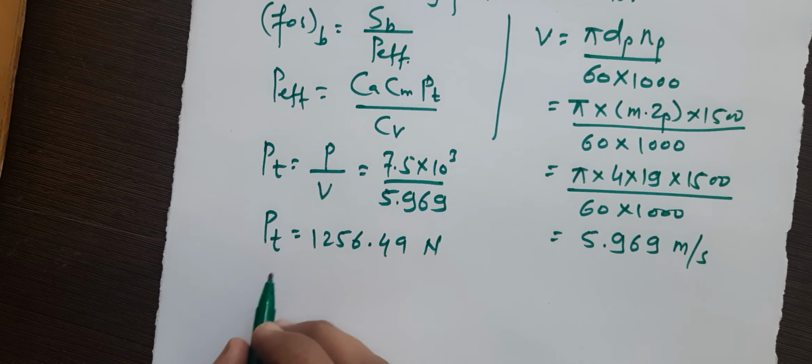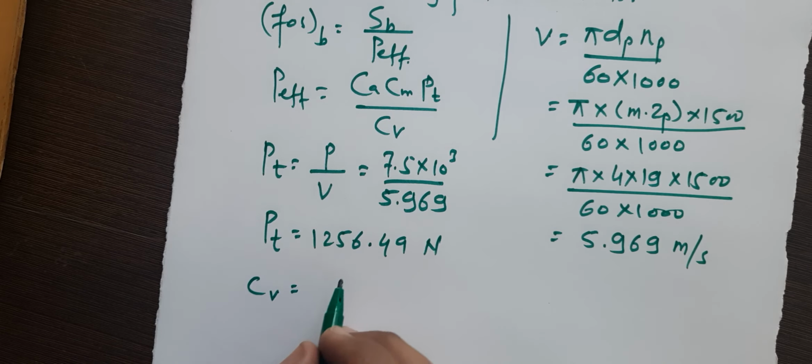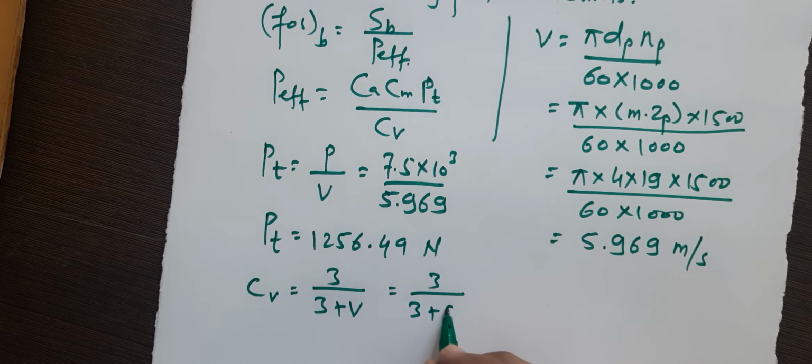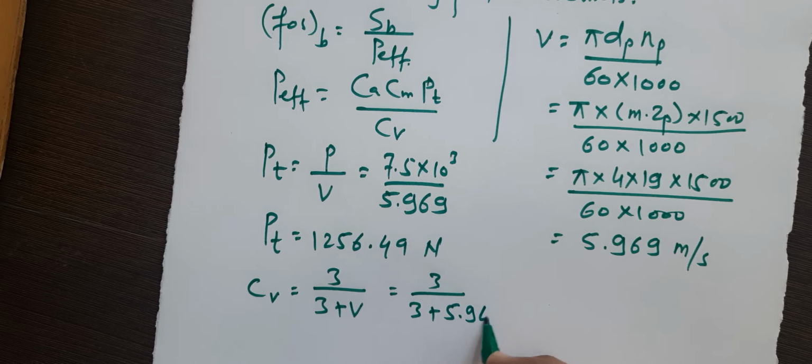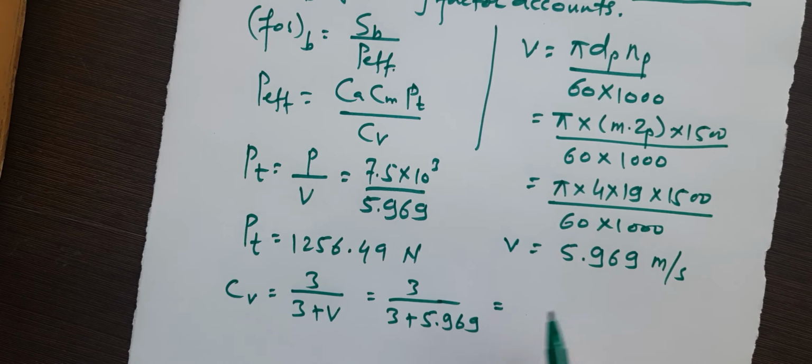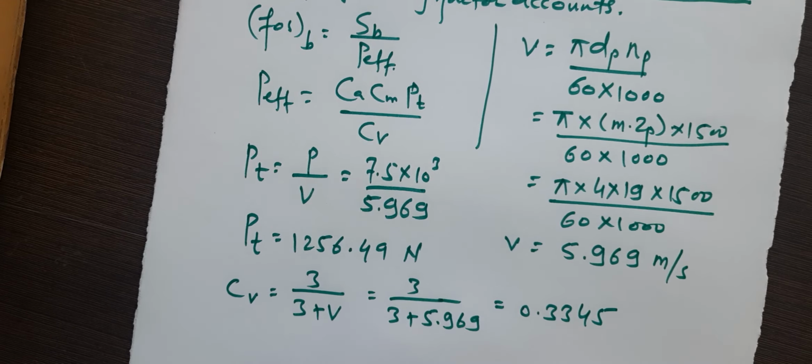The formula for CV is not given, so we'll assume CV for IT grade 8 as 3 divided by 3 plus V. Substituting V as 5.969, you will get CV as 0.3345.